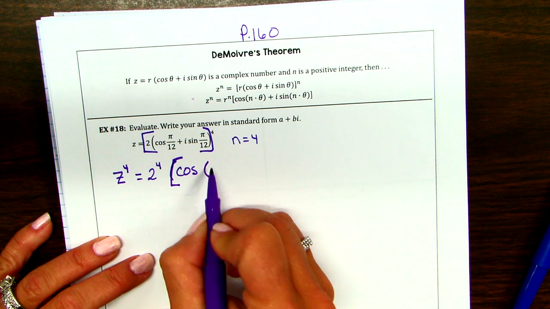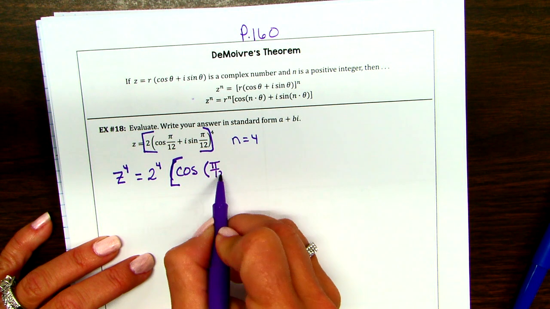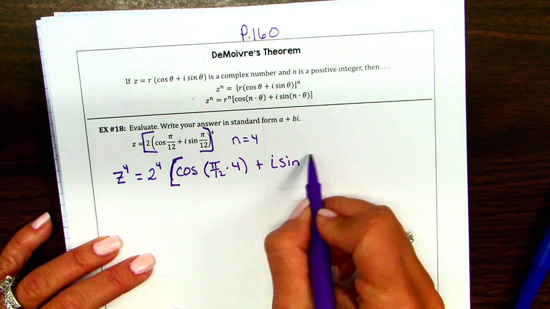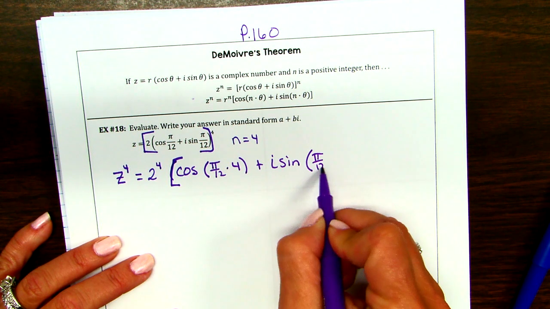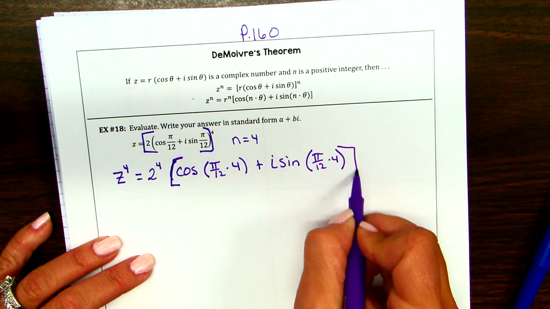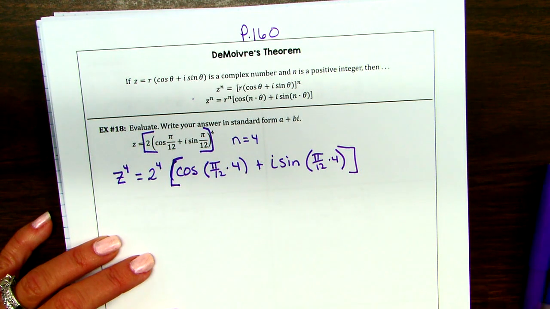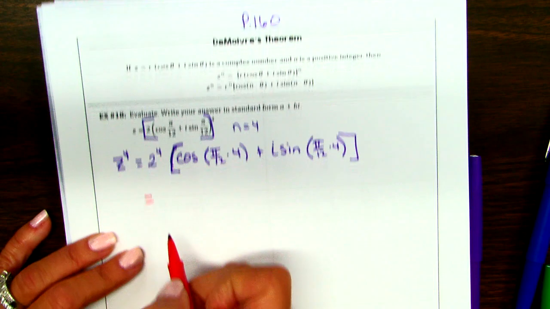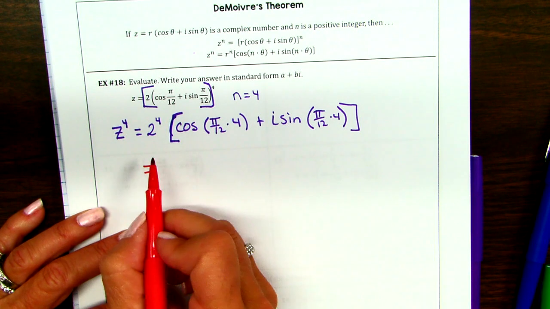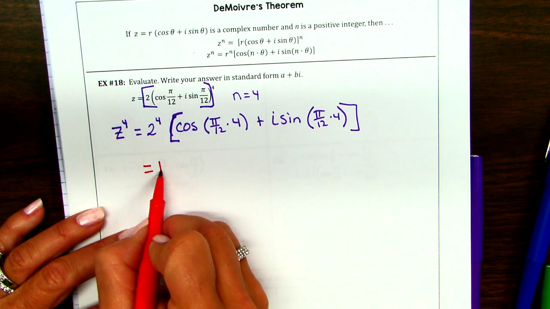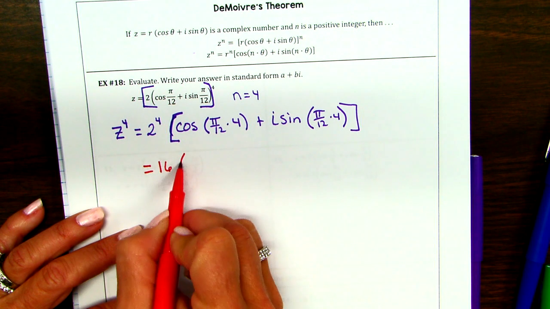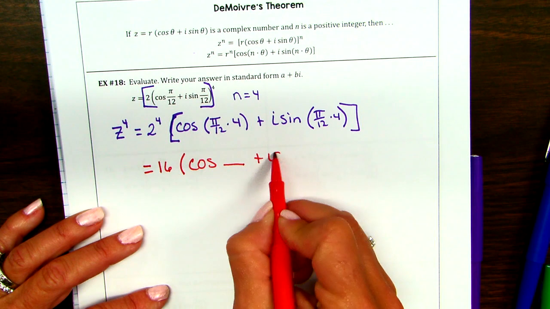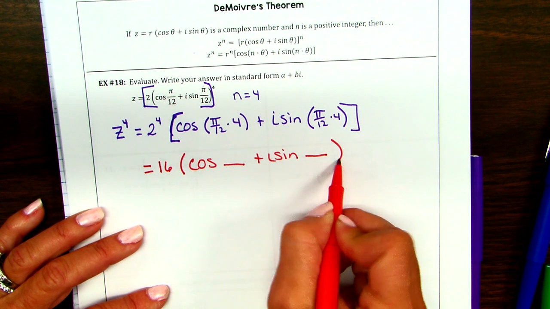Cosine of pi over 12 times 4 plus i sine of pi over 12 times 4. Could you skip this step? Yes, I'm just showing it on this first one so you guys can understand where the numbers come from in case you miss it. So 2 to the 4th power is 16 times cosine of something plus i sine of something.